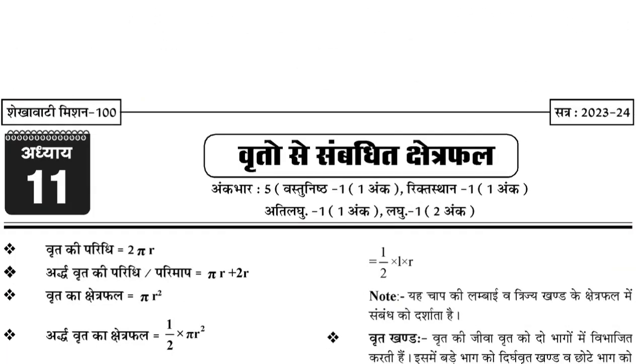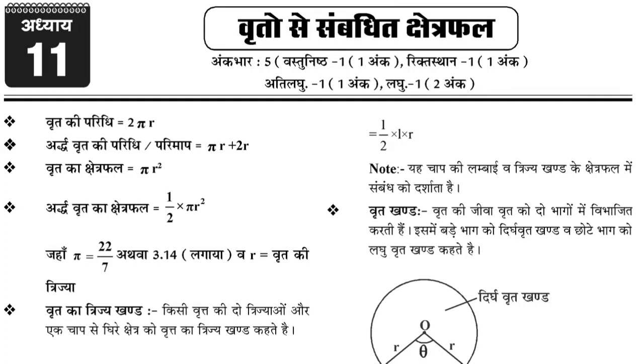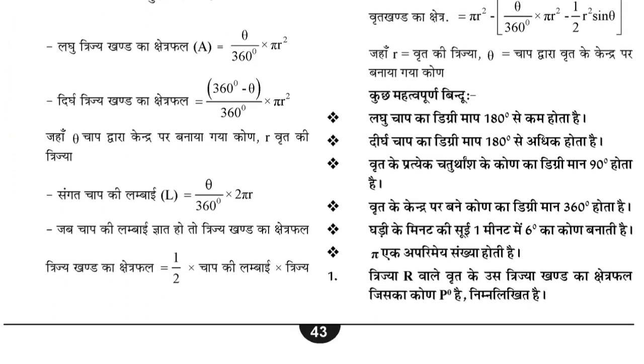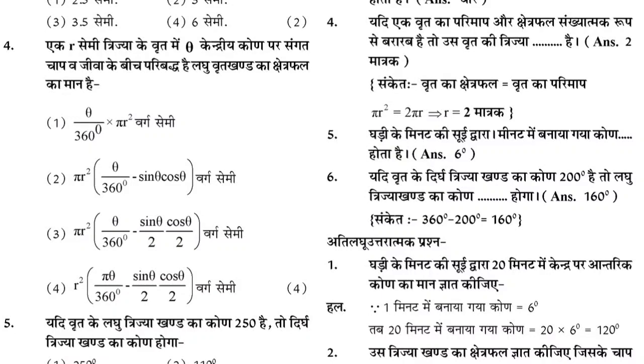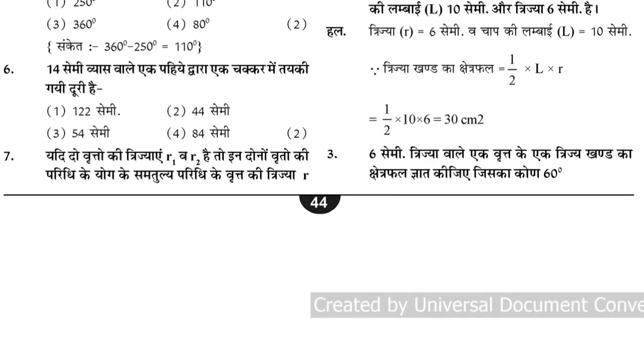The 11th chapter is areas related to circles, which contains circumference, the area of a circle, the area of a half circle and so on. Students who read this chapter, please take a note and note it down.